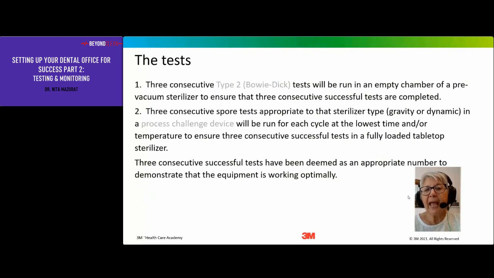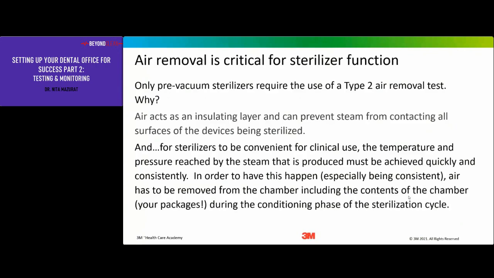Or 3 consecutive spore tests appropriate to the sterilizer type, whether you're using gravity or dynamic, in a process challenge device will be run for each cycle at the lowest time and or temperature to ensure 3 consecutive successful tests in a fully loaded tabletop sterilizer.